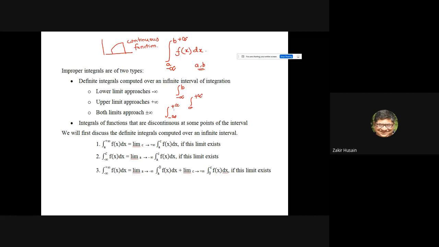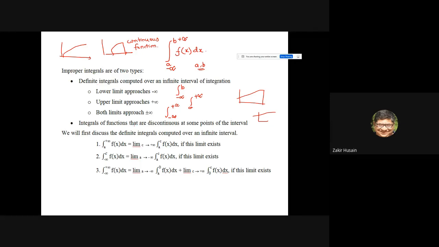So you don't have a definite range AB. In the first case, for example, you are asking what is the area under the curve: you start from here and you just go on and on and on. In this case, you end over here, but what is the starting point? And in the third case, there's no starting point, no end. So this is one type of improper integrals.